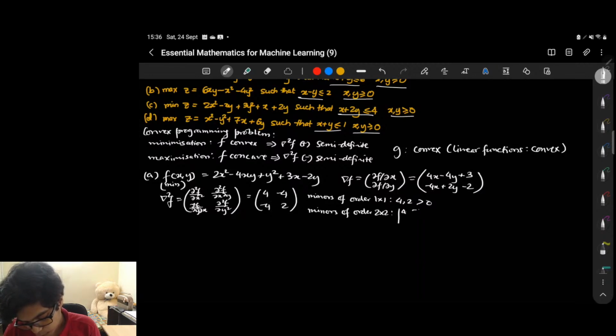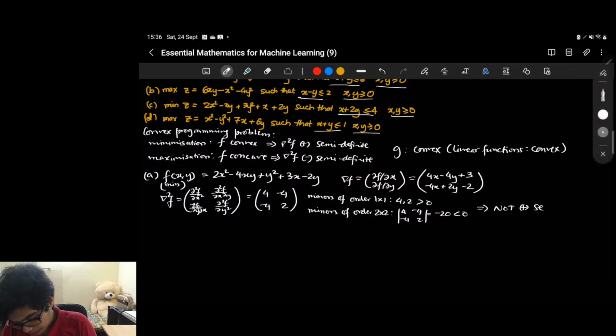The determinant of this matrix is negative 20, which is less than 0. So this is not positive semi-definite. It is a minimization problem, so we need to check whether del squared f is positive semi-definite, and it is definitely not, because the minor of order 2 cross 2 is less than 0.